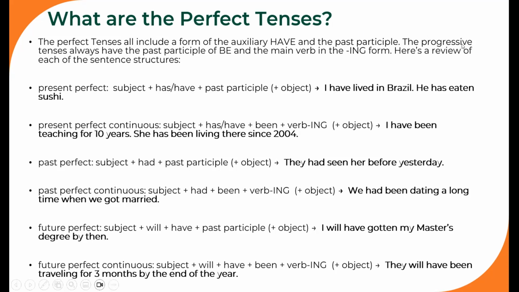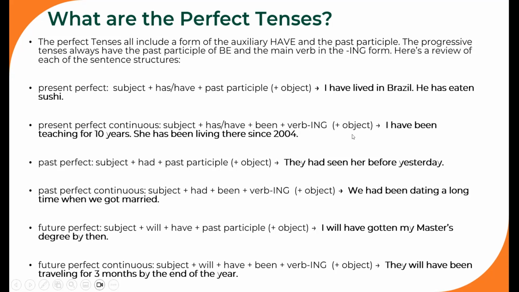In the progressive or continuous tense, we always have a form of the verb to be and the main verb with ing, okay? So, present perfect continuous, for example: I have been teaching for 10 years, she has been living here since 2004, okay?